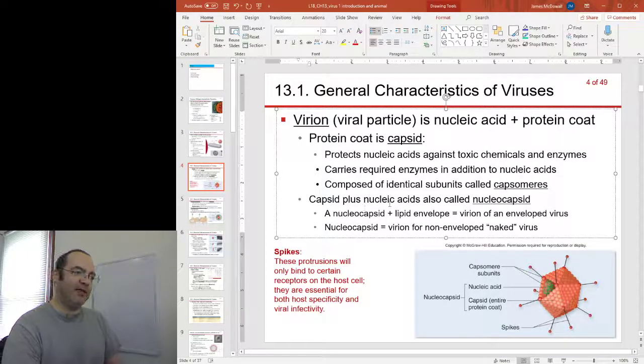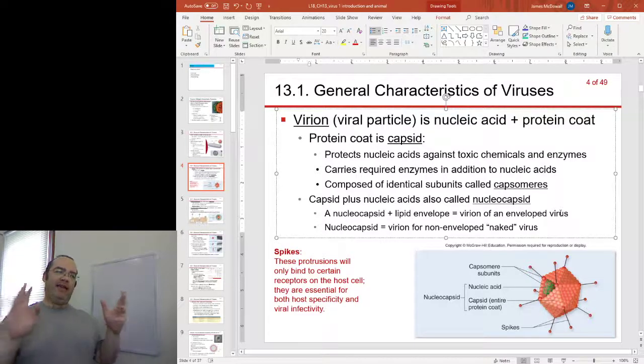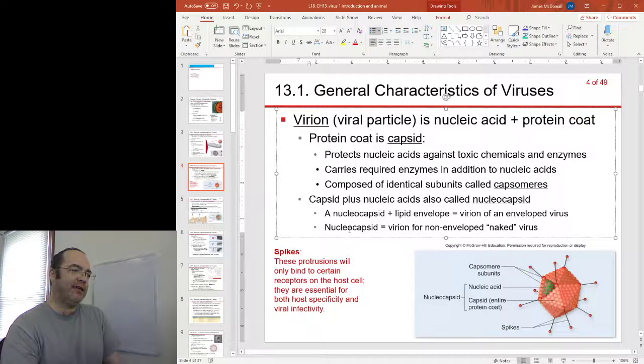The capsid plus the nucleic acid is called a nucleocapsid. For a non-enveloped virus or a naked virus, the nucleocapsid is the same thing as the virion. For an enveloped virus, you need the nucleocapsid plus the lipid envelope, and that makes up your virion.